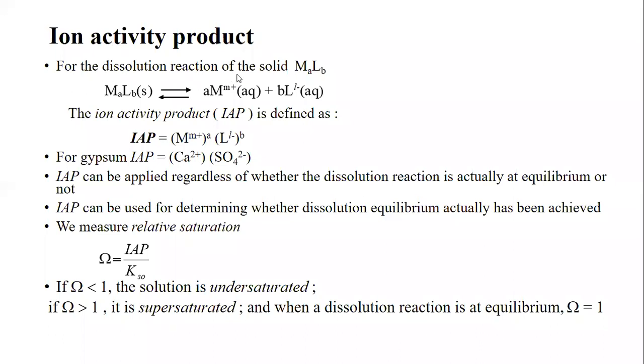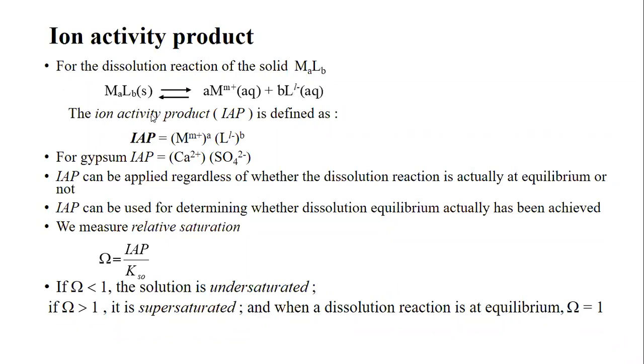For the dissolution reaction of the solid M_a L_b, just like any cation, anion, you know how we write a solid compound. It dissolves into a of M, where we're considering that the valence of that M is m plus. That's how many charges it has. M could be divalent, trivalent, whatever. Aqueous to indicate in solution, in an aqueous system, plus b of L, the capital L is the species here, and the negative charge of it is l minus, again aqueous.